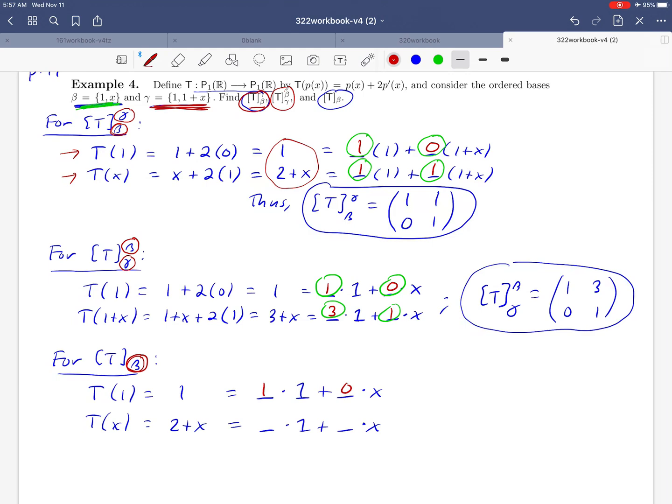We need a 1 here and a 0 here, and a 2 here and a 1 there. Okay, and so our matrix for T, taking us from beta coordinates to beta coordinates, is going to be, first column is going to look like 1 and 0, and second column is going to be 2 and 1.